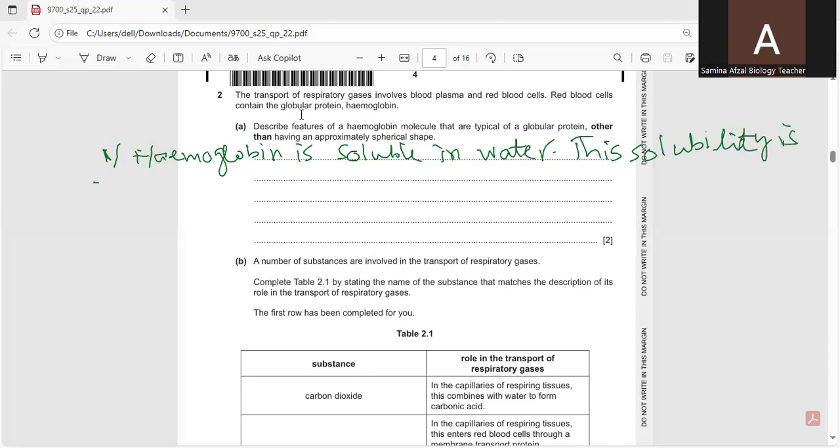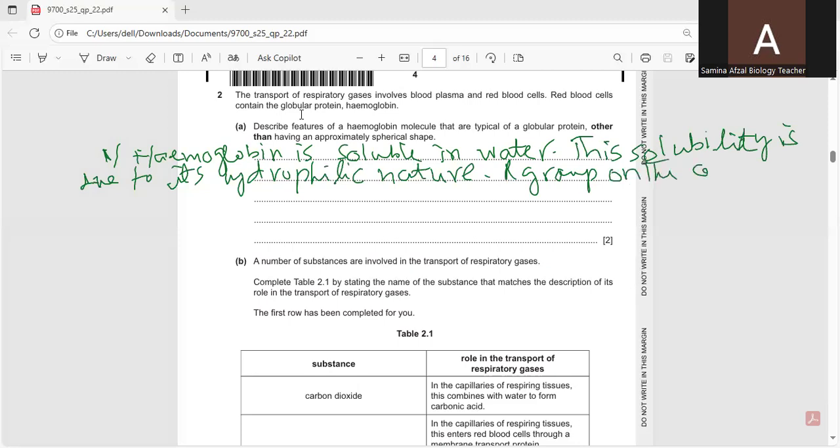Its solubility is due to its hydrophilic nature, due to the folding of the R groups towards the water on the outside of the molecule to interact with water.